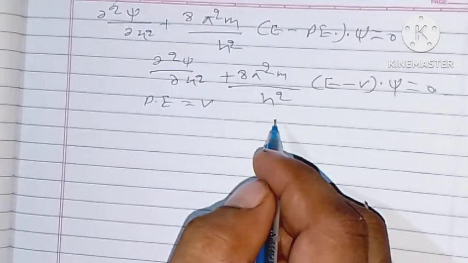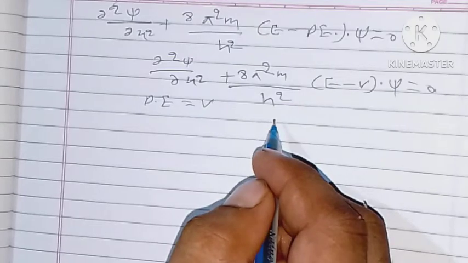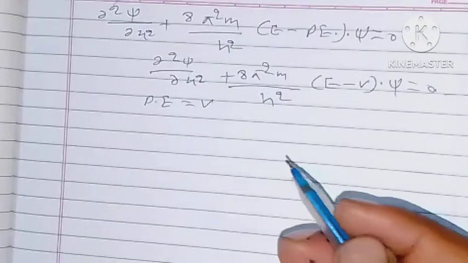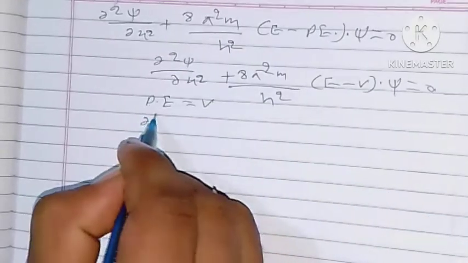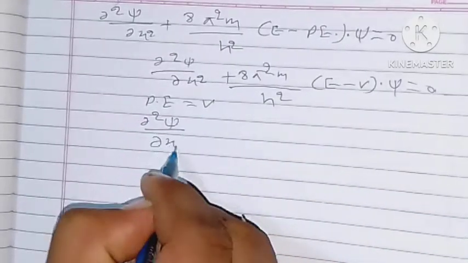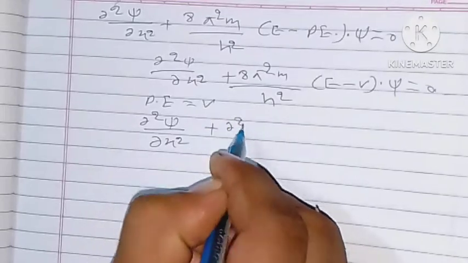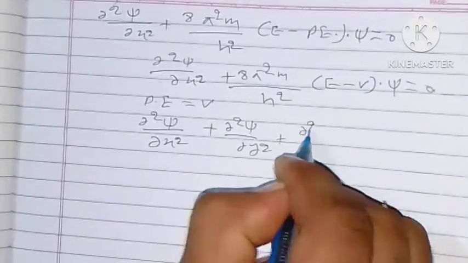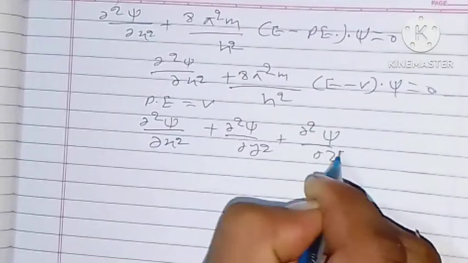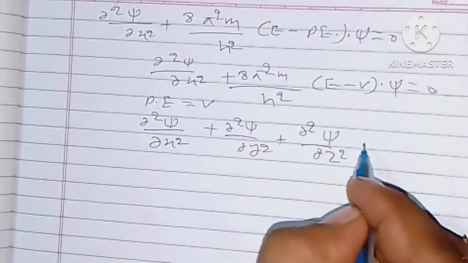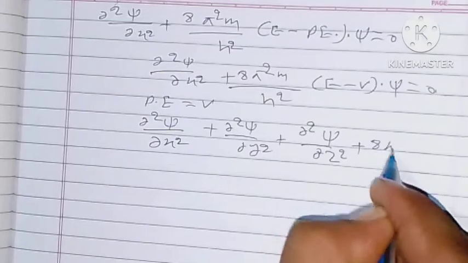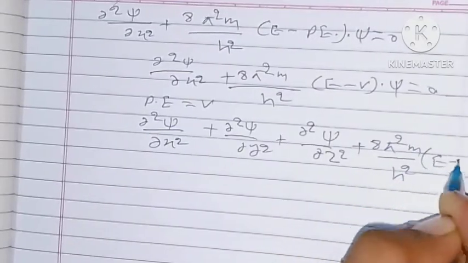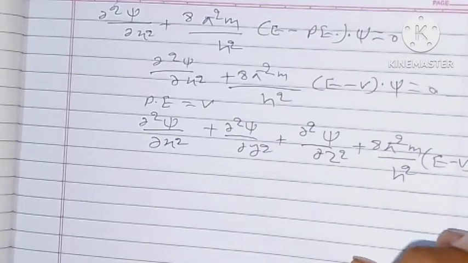Hence, the Schrodinger wave equation for an atomic system in 3 dimensions x, y, z may be written as del square psi upon del x square plus del square psi upon del y square plus del square psi upon del z square plus 8 pi square m upon h square into E minus V into psi equals 0.